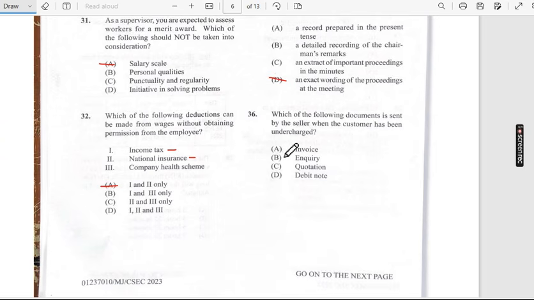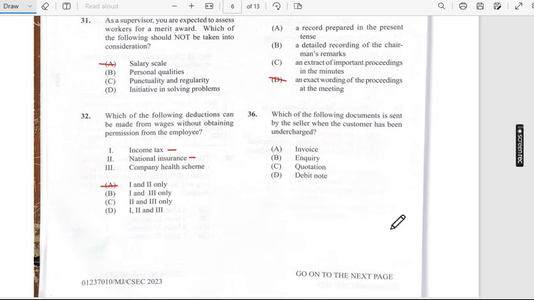So more than likely they will send you a quotation, because a quotation document would refer to showing that the seller will provide the buyer goods or services under specific conditions. So the potential would be how much the goods or services will cost before they commit to the purchase.